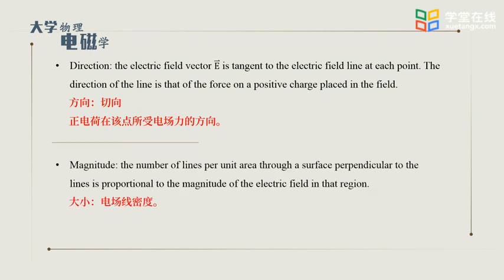Secondly, let's illustrate the magnitude of the field by the lines. The number of lines per unit area through a surface perpendicular to the lines is proportional to the magnitude of the electric field in that region. Therefore, the field lines are close together where the electric field is strong and far apart where the field is weak.